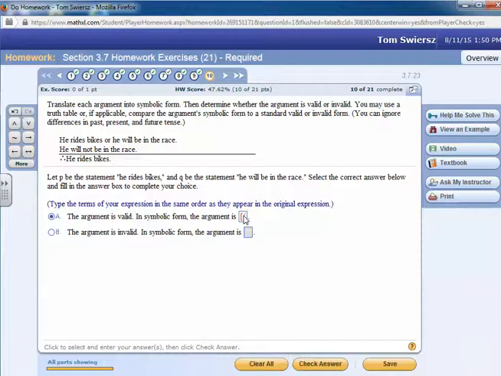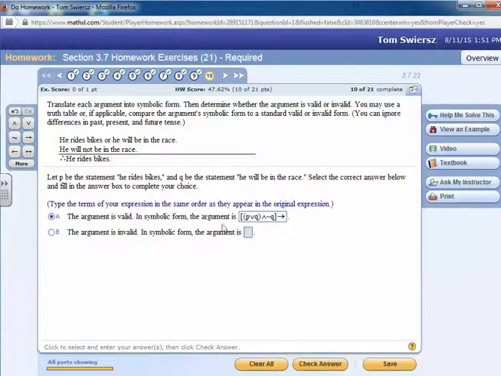Then we need P or Q. And premise number 2, which is not Q. Put those together and put brackets around it.